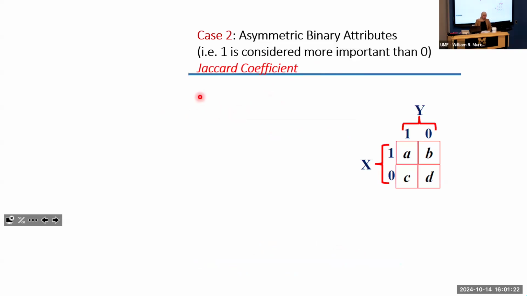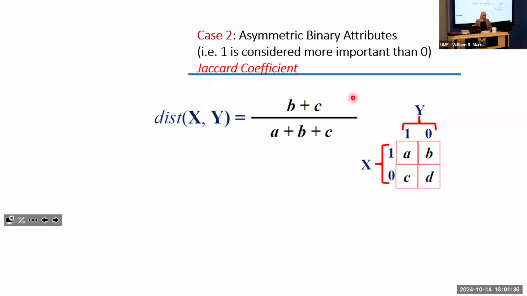However, there is a different way of doing the same thing, using the Jaccard coefficient, which considers that 1 is more important than 0. These metrics already exist. This time the formula sums B plus C and divides by only A, B, and C. We exclude D because we consider that 1,1 is more important than 0,0.